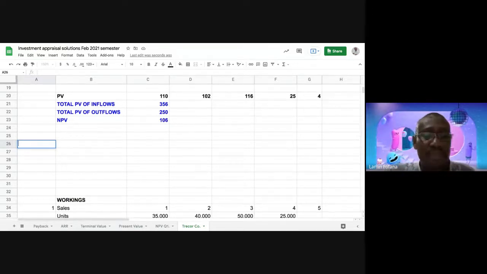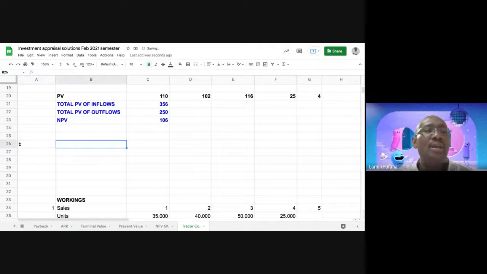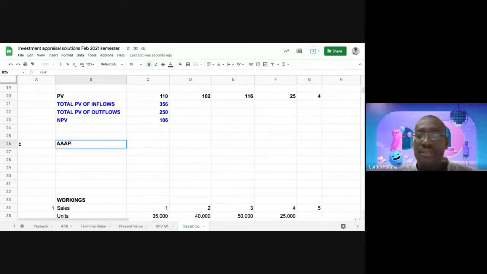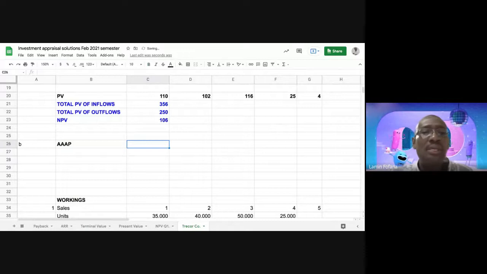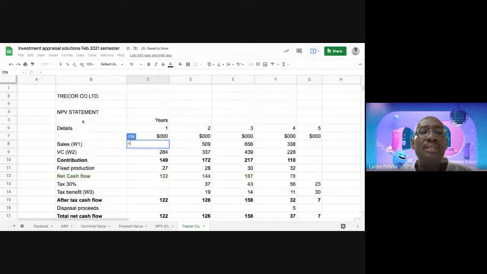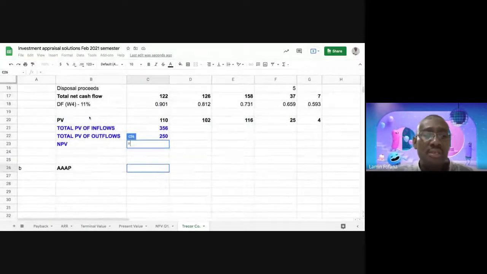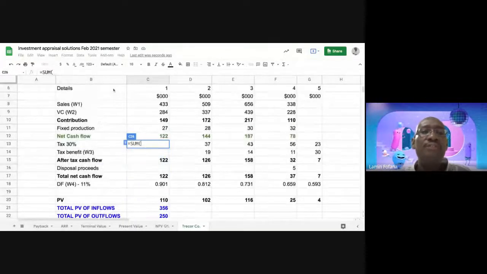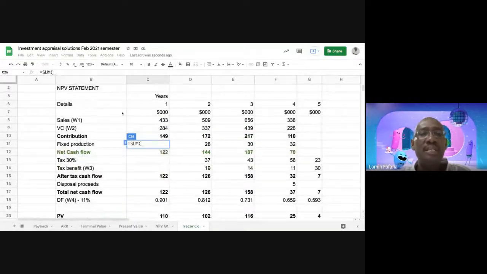Okay, so the B part, the average annual accounting profit will be what? We're going to add the sum of these ones that are in green.